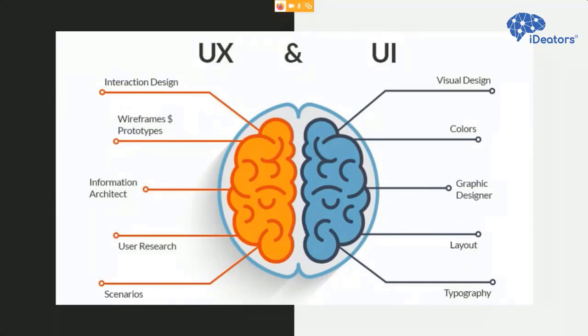Then UI is mainly concerned with the visual design: what typography will be used, what font type, what color scheme, what the layout will be, and how the information will be structured, like a header, footer, and body. For example, for a user's home page, whether we go for a tiled approach to show all the assessments which are due, or for a list view.